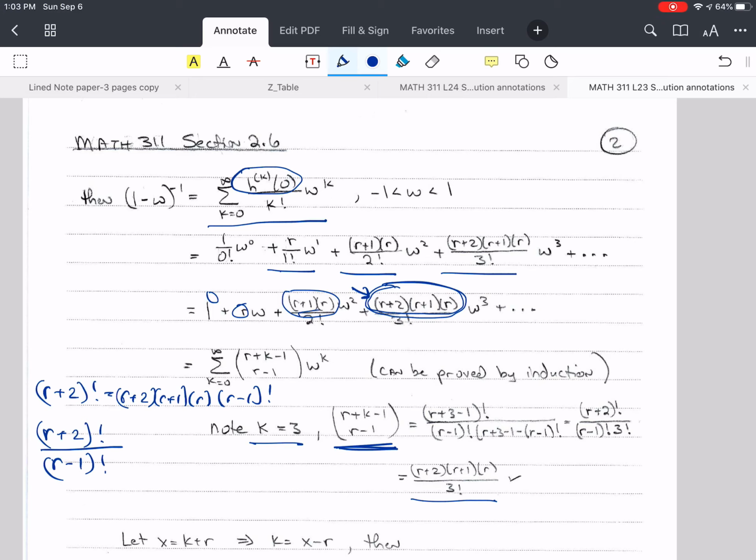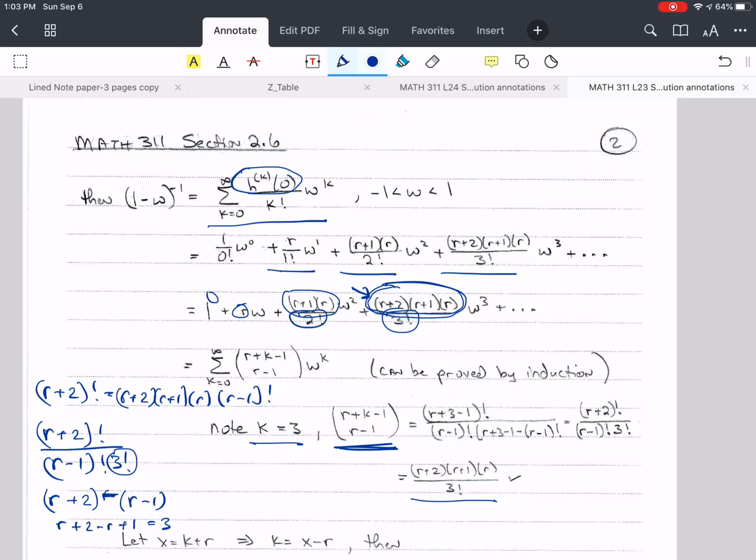And then I look at the denominator, and I see at that point 3 factorial. And so what I can do is say, okay, let's subtract r plus 2 minus r minus 1, and that's equal to r plus 2 minus r plus 1, which is 3. And that's what we end up with here.